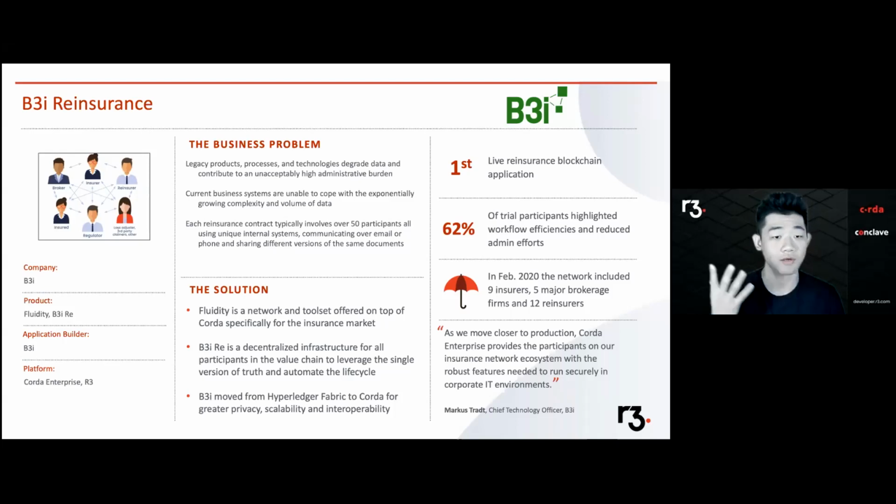So basically the reinsurance industry runs into the same issue: legacy product, process, and technology degrade data and contribute to an unacceptably high administrative burden. That again means there's a lot of business friction, it's labor intensive, and there's a lot of process happening within each step.